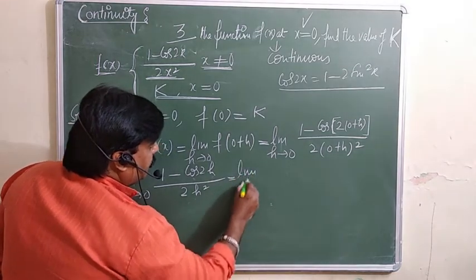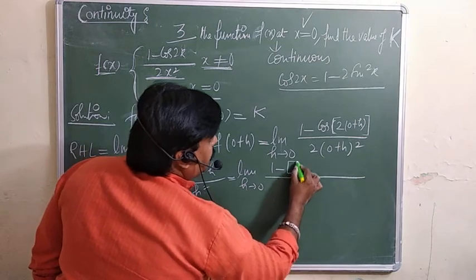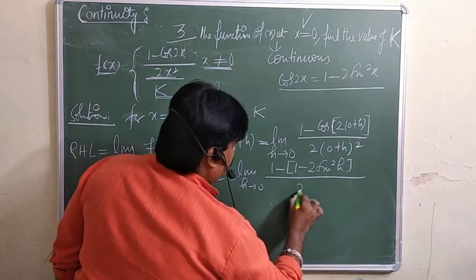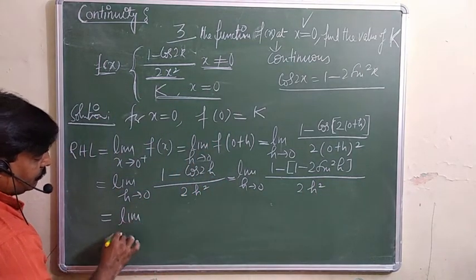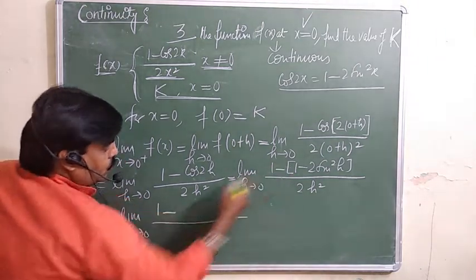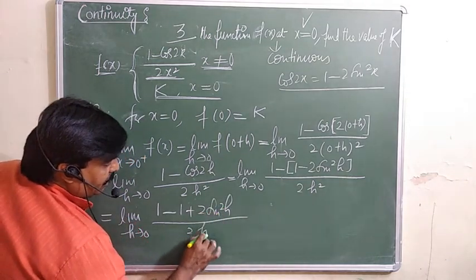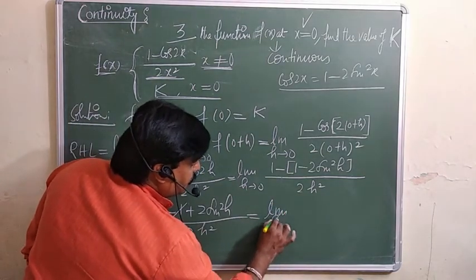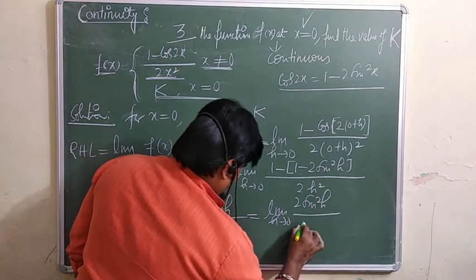So you will get limit h tends to 0 of (1 minus (1 minus 2 sin square h)) over 2h square. If we calculate, we get limit h tends to 0 of (1 minus 1 plus 2 sin square h) over 2h square. The 1s cancel out, so finally you get limit h tends to 0 of 2 sin square h over 2h square.